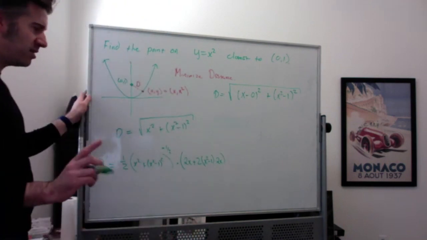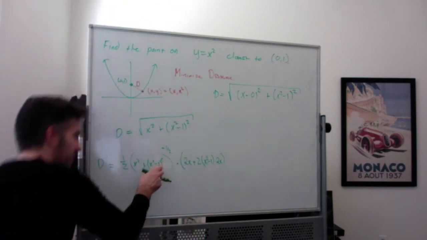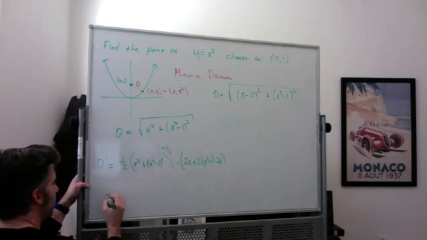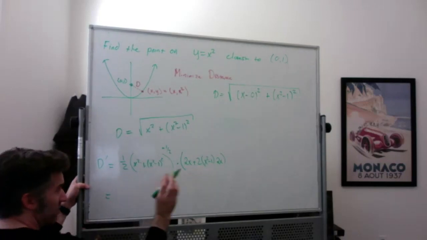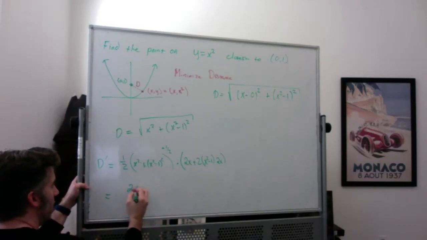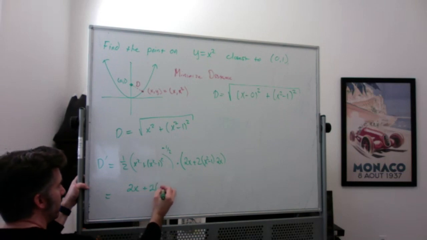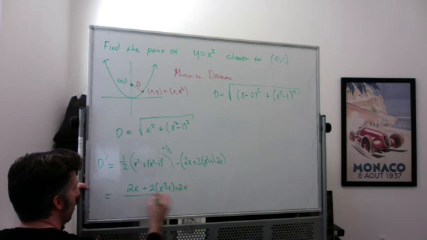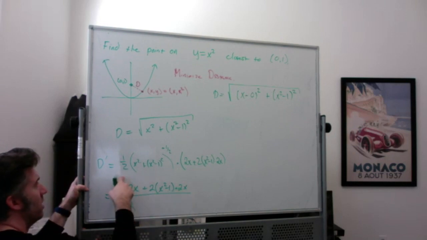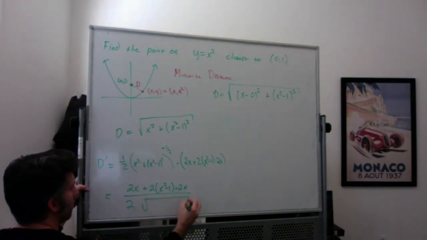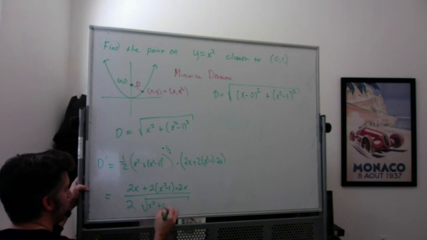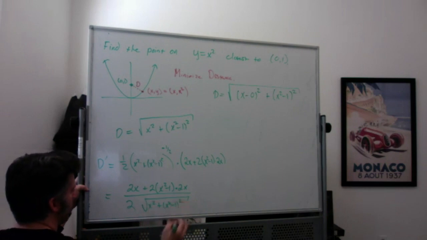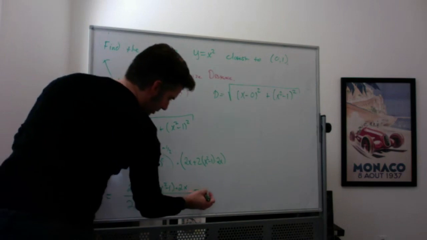And I'm going to simplify this just a tiny bit. I'm going to bring this down to the denominator. So I'm going to write this as this numerator, which I'm not going to change, 2x plus 2 times x squared minus 1 times 2x over 2 times the square root of x squared plus x squared minus 1 squared. And we're going to set this equal to 0 and solve.